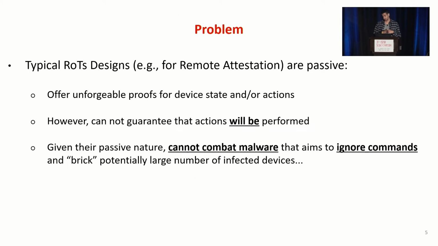Coming back to our work, the problem that motivates it is the realization that most roots of trust are passive. What we mean by passive is that they're good for proving properties about the system state or proving that a remote device has executed a certain action, but they typically cannot guarantee that a certain state in the system will be reached upon a command, or that a certain action will be performed.